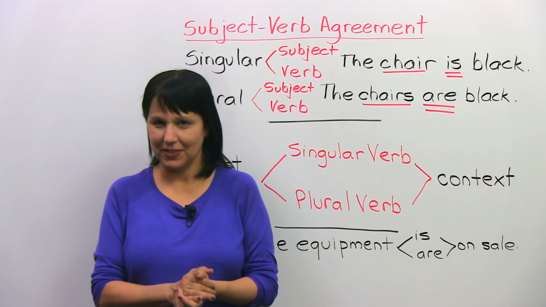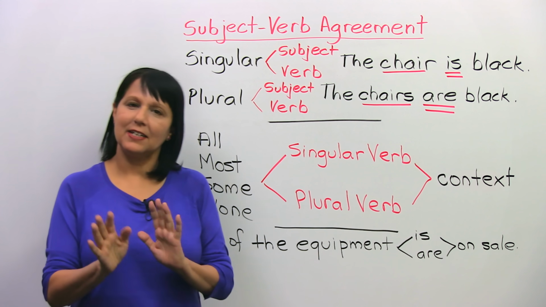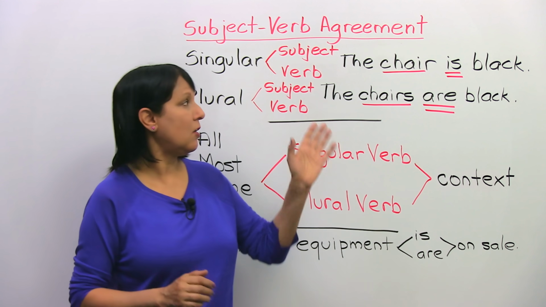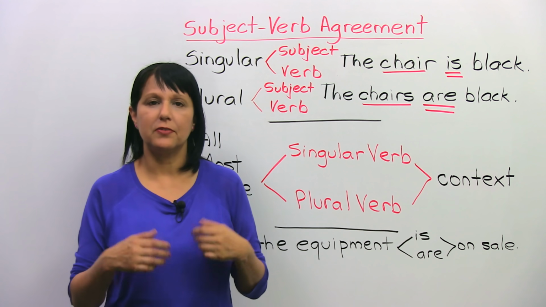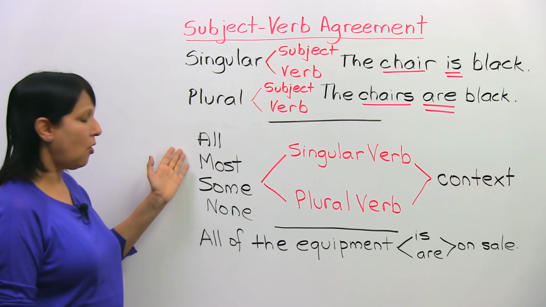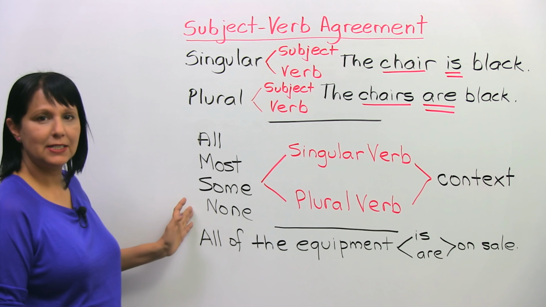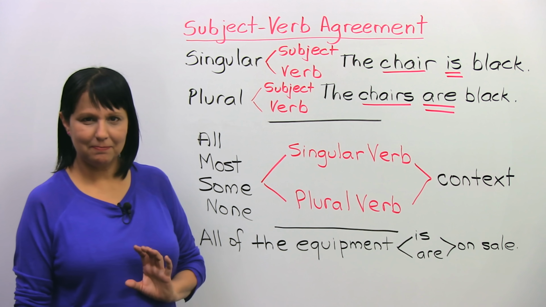It's not that obvious. And in this lesson, I'm going to focus on 4 words that sometimes cause students a little bit of confusion in this area of subject-verb agreement. Those 4 words are the pronouns all, most, some, and none. Now, why are these a little bit confusing?